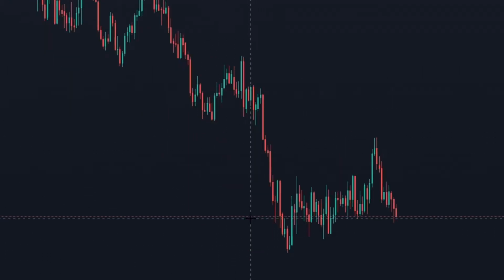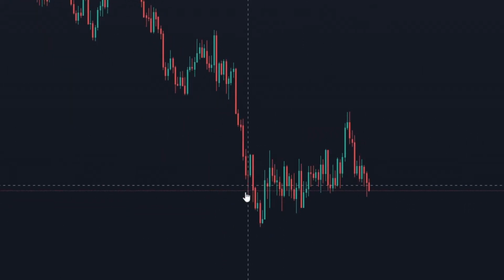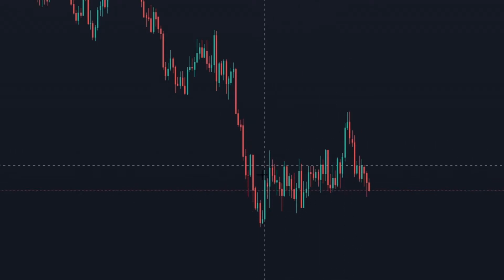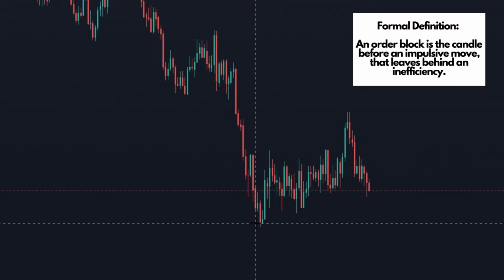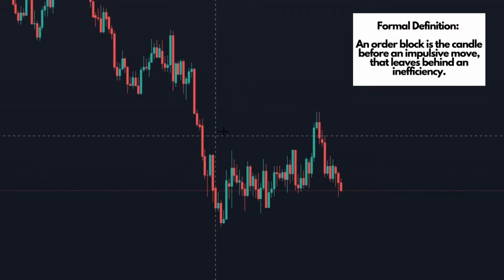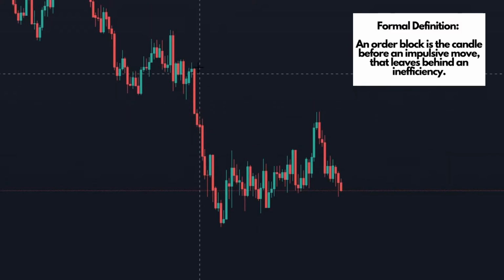Something like this would be known as a correctional move, and this would be an impulsive move. So it is the candle before an impulsive move, and generally before an impulsive candle. You can see this is an impulsive candle, right? And this therefore would be our order block. And it leaves behind an inefficiency.